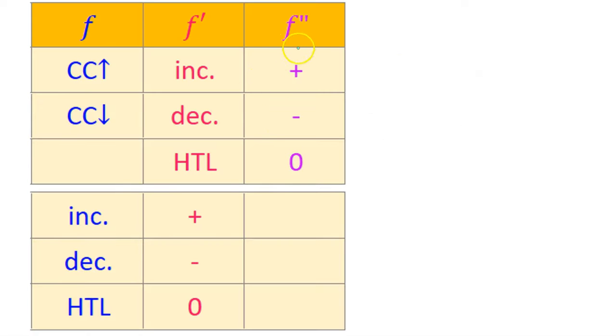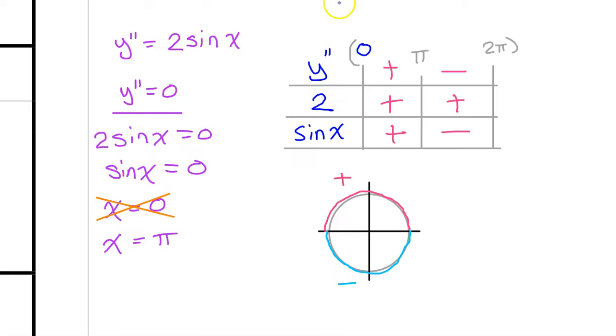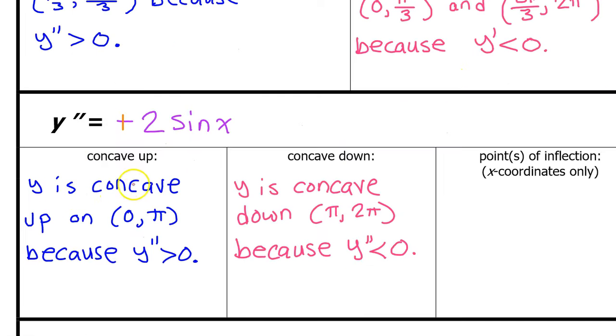We know that wherever y double prime is positive, y will be concave up, and wherever y double prime is negative, y will be concave down. So y will be concave up from 0 to pi, and concave down from pi to 2 pi. We say y is concave up on the interval from 0 to pi because y double prime is positive, and y is concave down on the interval from pi to 2 pi because y double prime is negative.